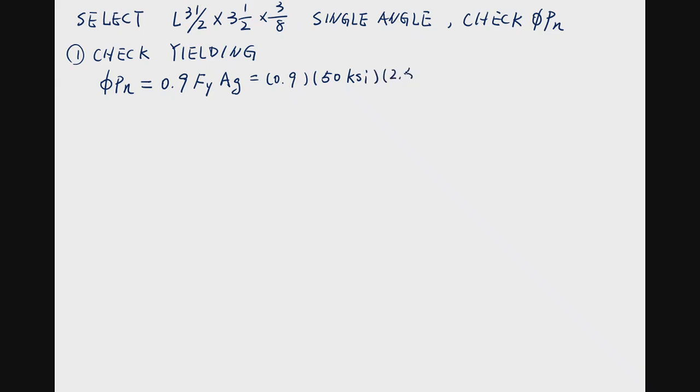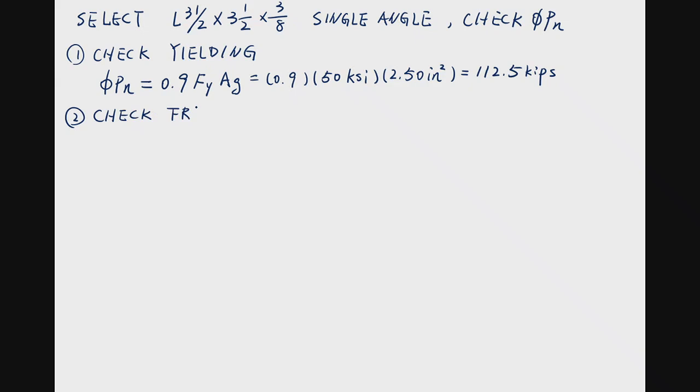Ag from the menu, we find Ag is 2.5 square inches, equals 112.5 kips.